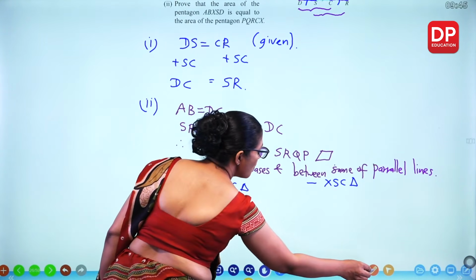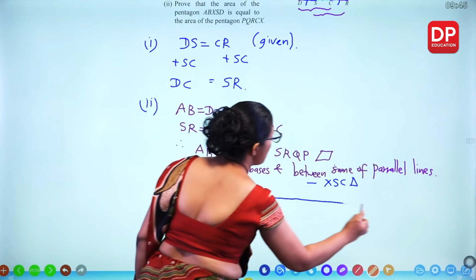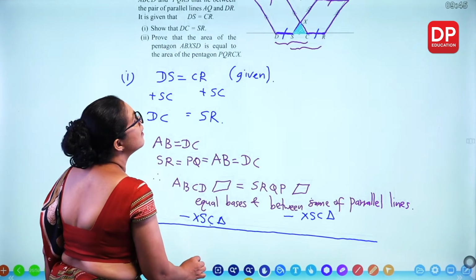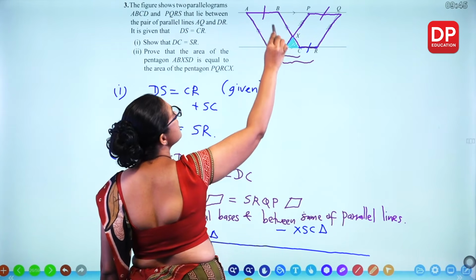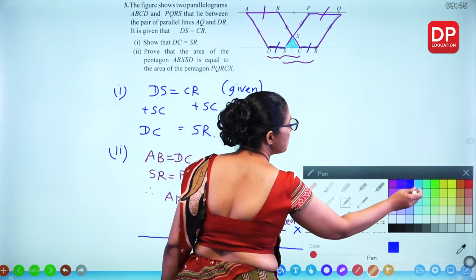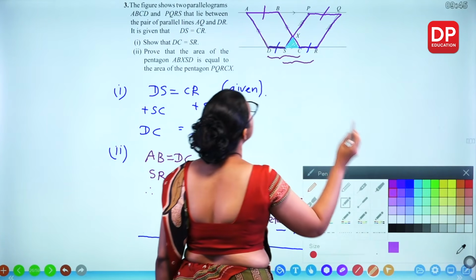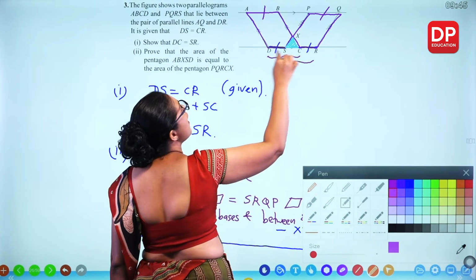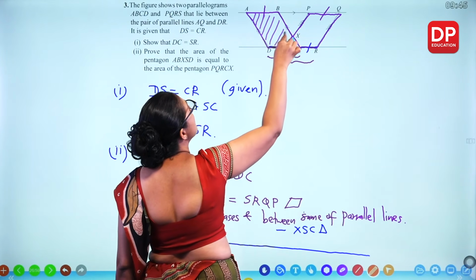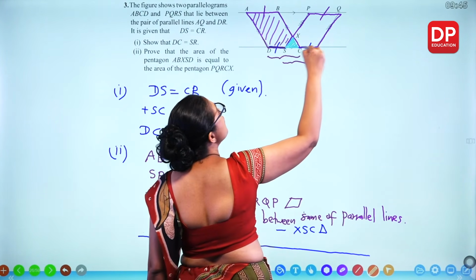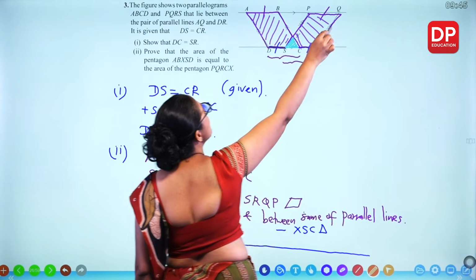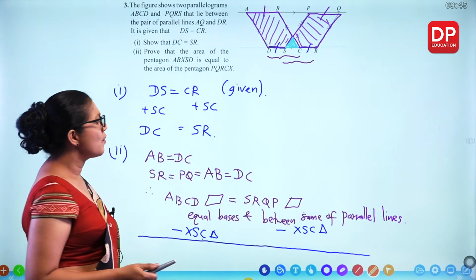When you subtract the area, you get this pentagon. I'll show that with this color. When you subtract this area from this, I'm getting this one. Other side, when you subtract this small triangle from this, you get this side. So these two should be equal.